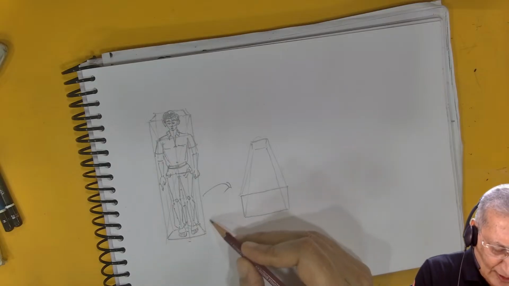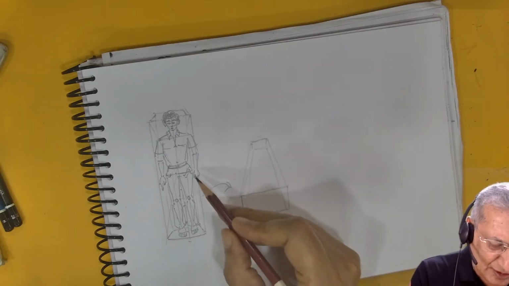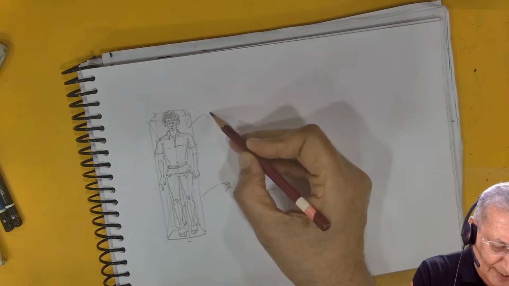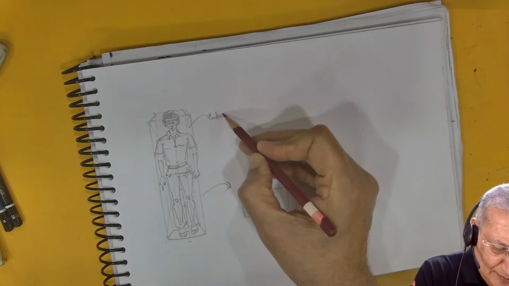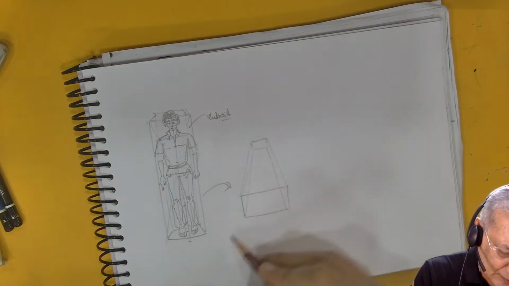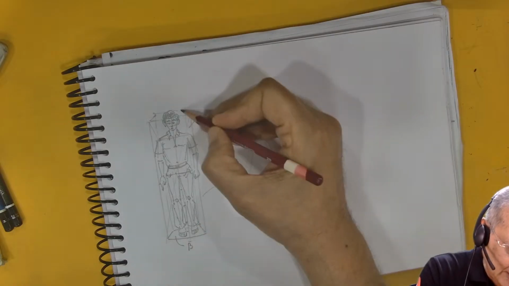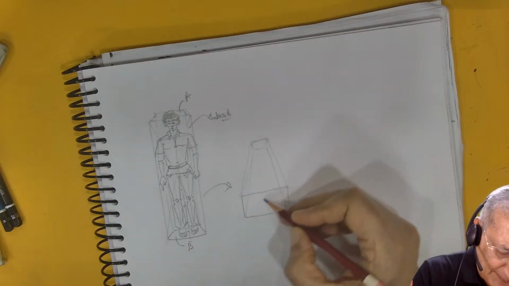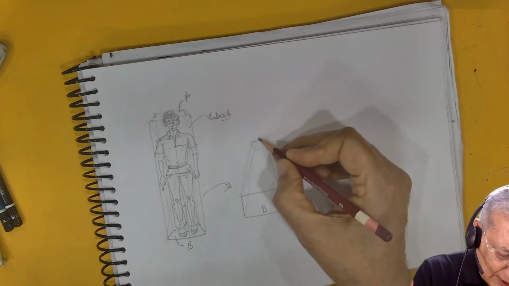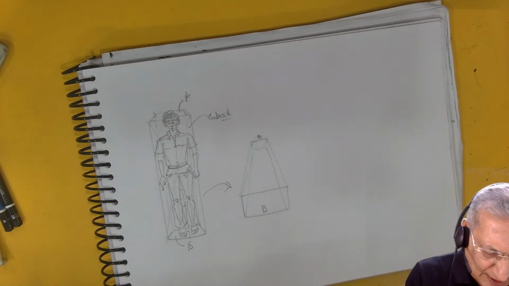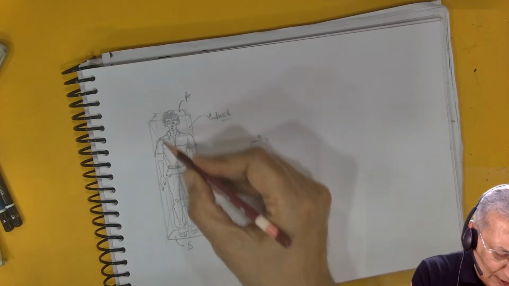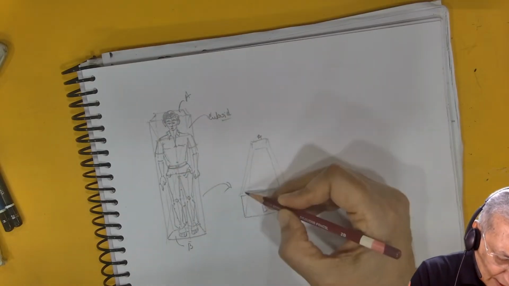Now what I have done, I have tilted this cuboid. Let's say the base was side B and the top was side A. So this is B and this is A right now, and our diagonals.